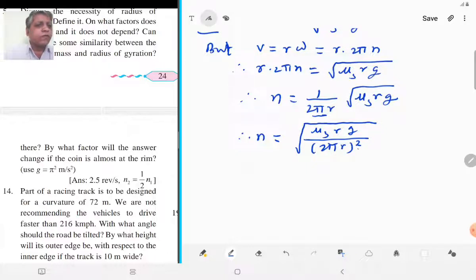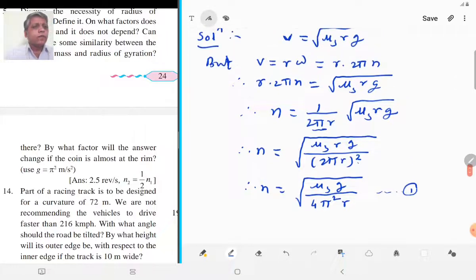Therefore n is equal to square root of mu s g upon 4 pi square into R. Here R square, one R square gets cancelled. Square of twice pi is 4 pi square. This is equation number 1.